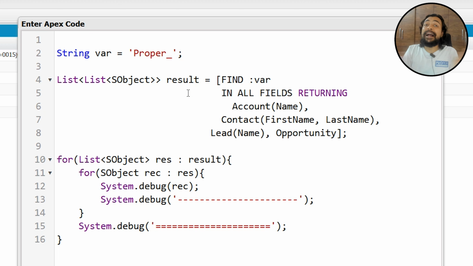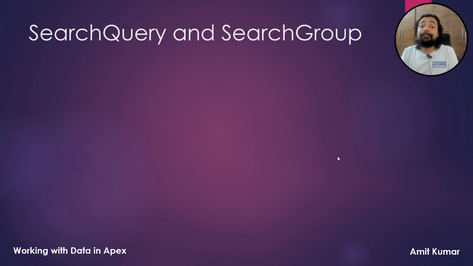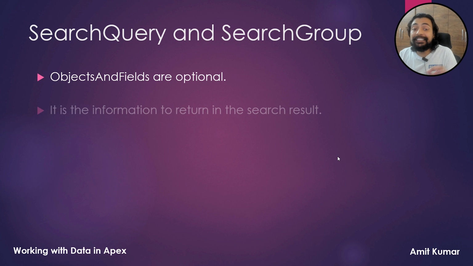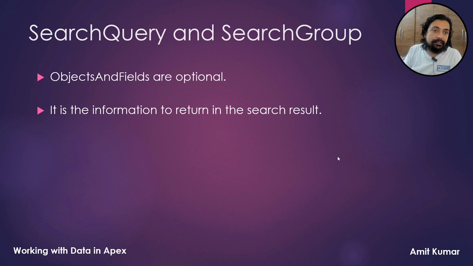So let's quickly go back to the slide and see what's waiting for us next. Now we can use objects and fields, and objects and fields are optional, but still I recommend you to use them. After returning, we actually specify these objects and fields. It is the information to return in the search result. So we are actually asking what information we are looking for in the search result, right?